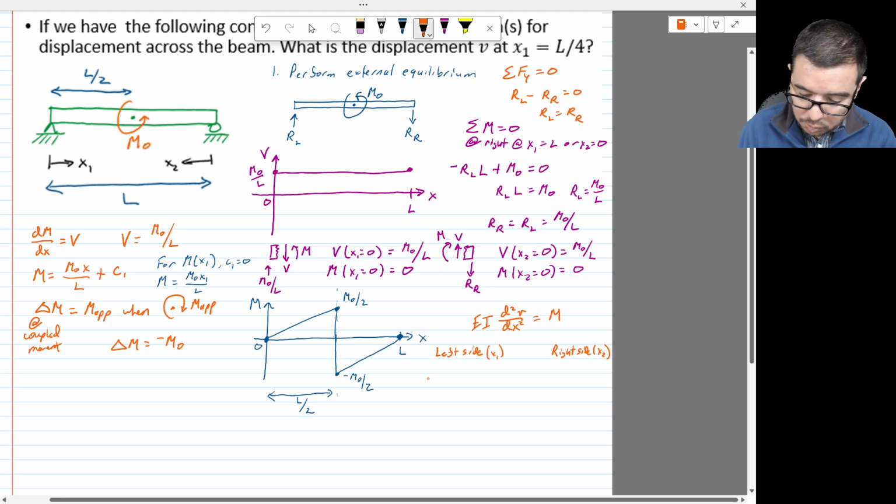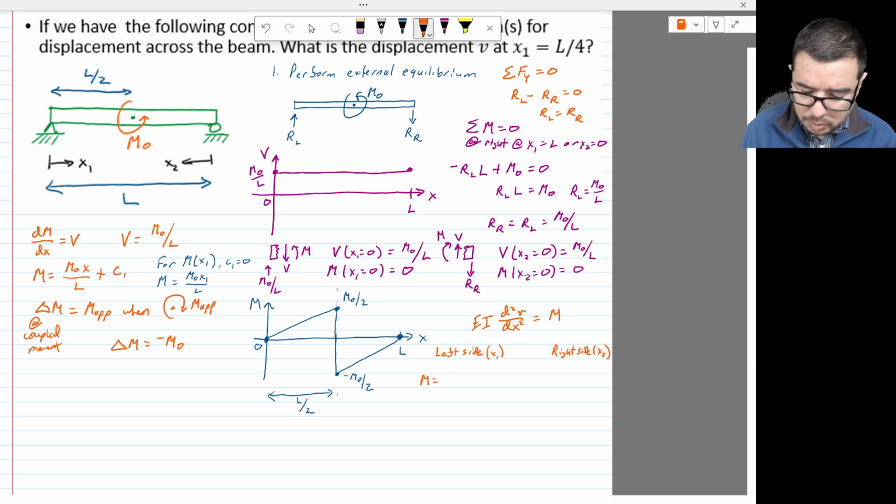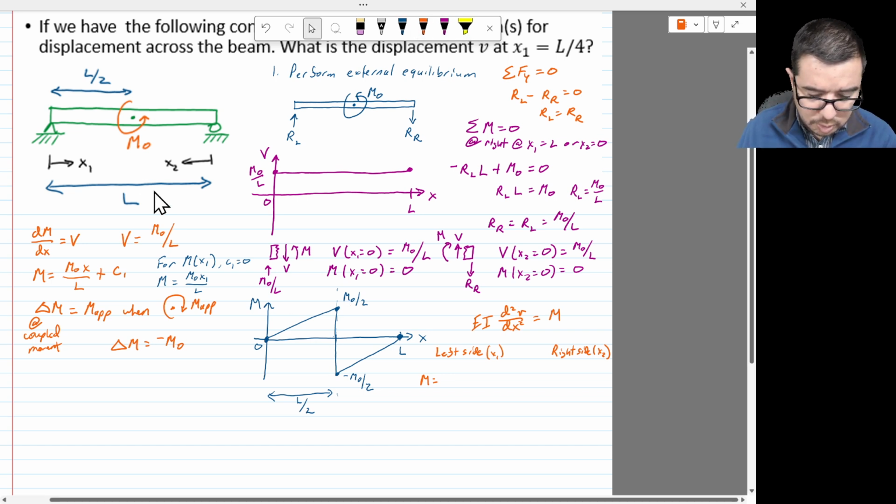So let's first write out the equation for M left side, and this is going to be a function of x1, and like we just wrote it here, it's just M naught x1 over L.